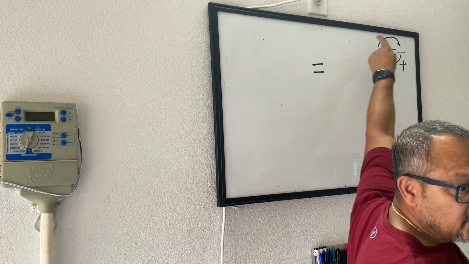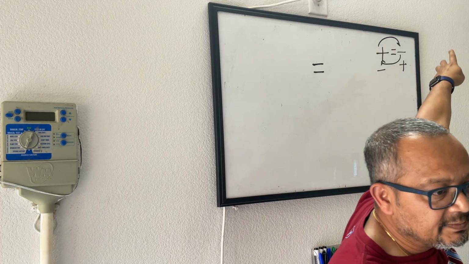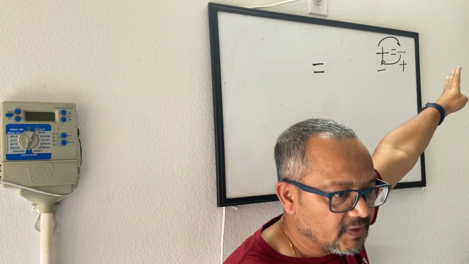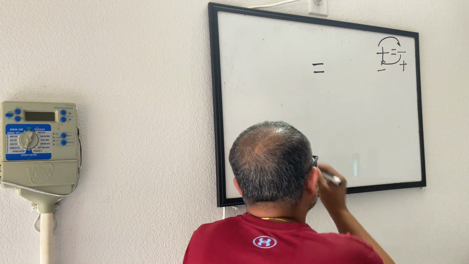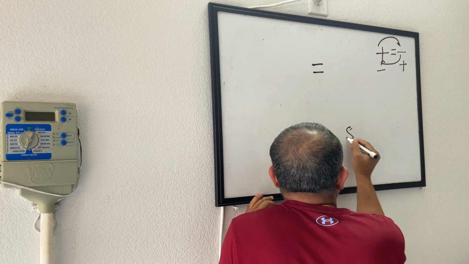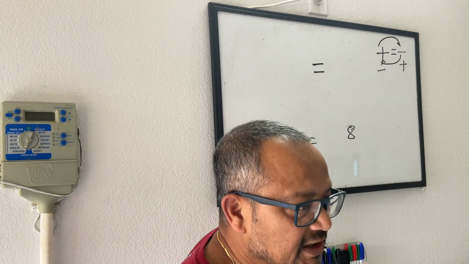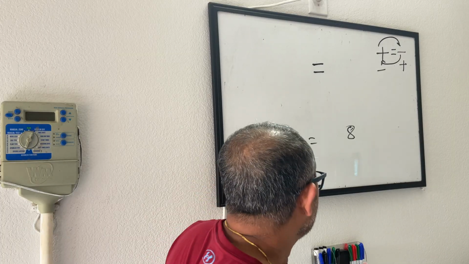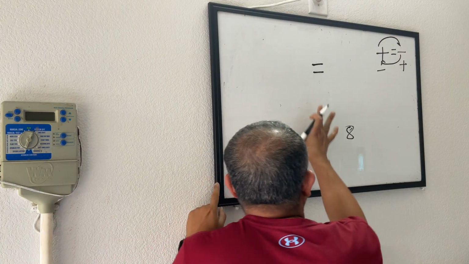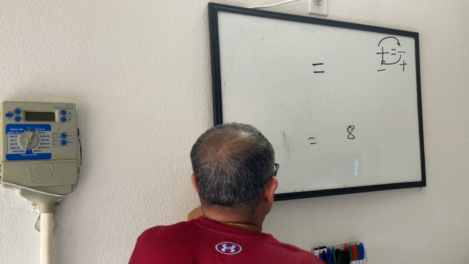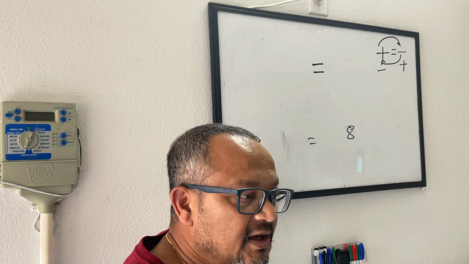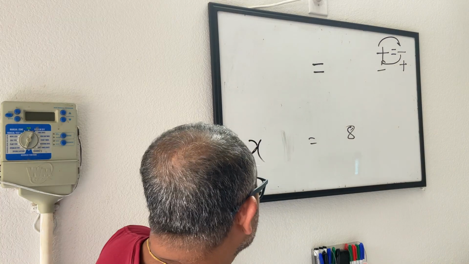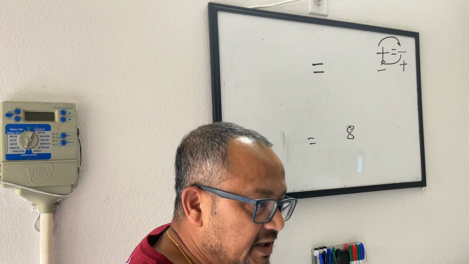From one side you are moving to the other side, you are changing the sign from plus to minus, minus to plus, no matter from which side to which side. And if you don't have a sign, say I have 3 plus x, and I don't have anything in front of the 3, the simple assumption is there is a hidden plus. When you don't have a sign, you have a plus sign.